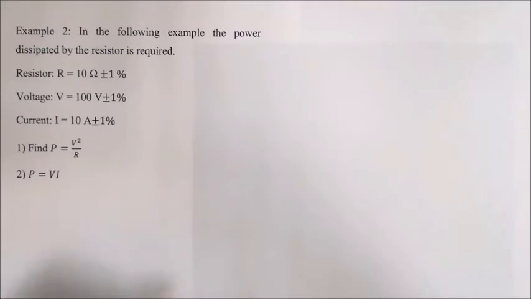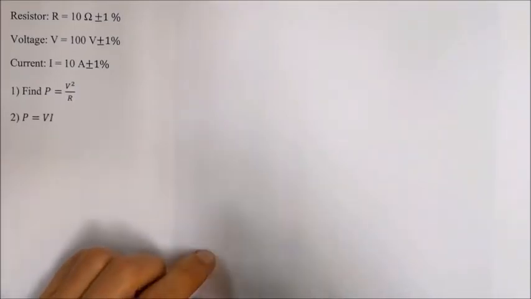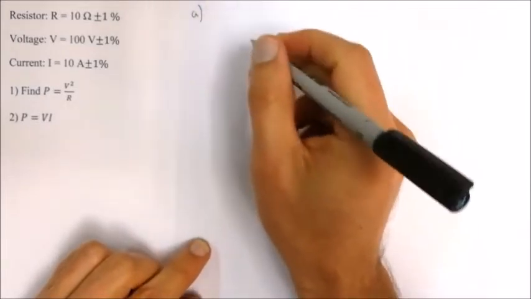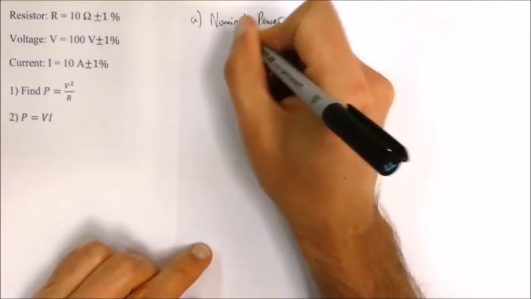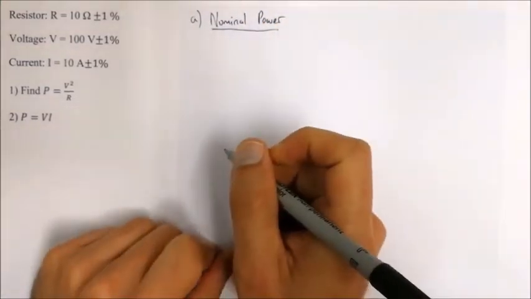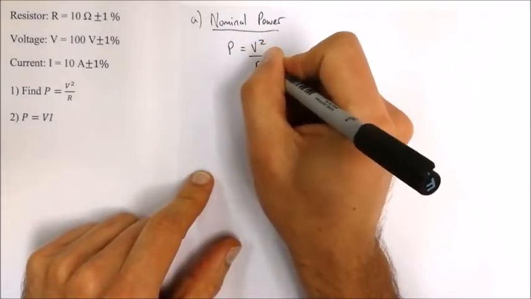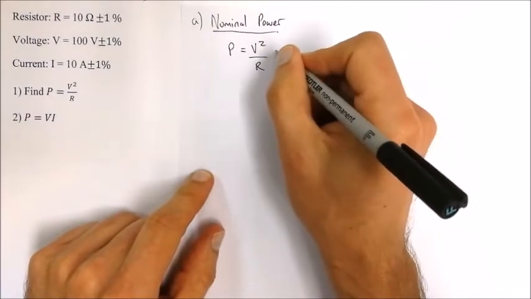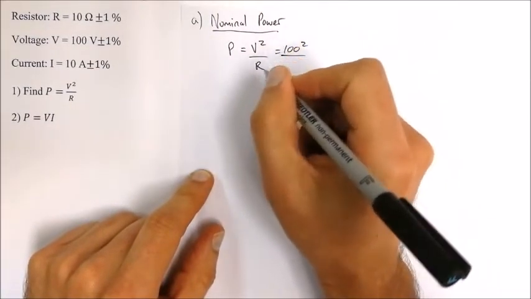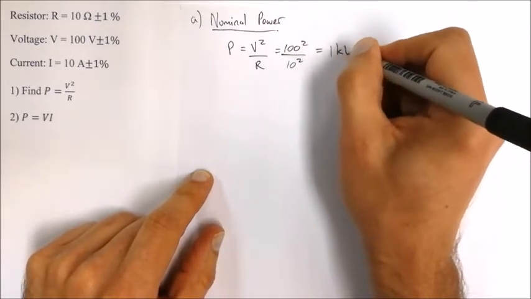Firstly, let's have a look at what the nominal power is. We've got the equation P is equal to V squared over R. That would be equal to 100 squared over R, which is 10, and that's going to give us a value of 1 kilowatt.